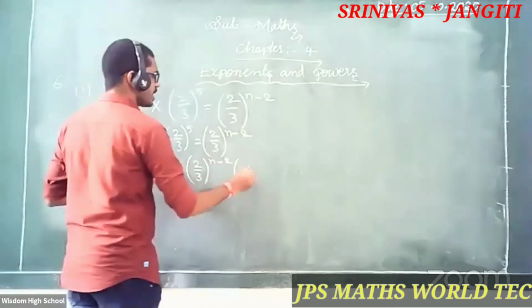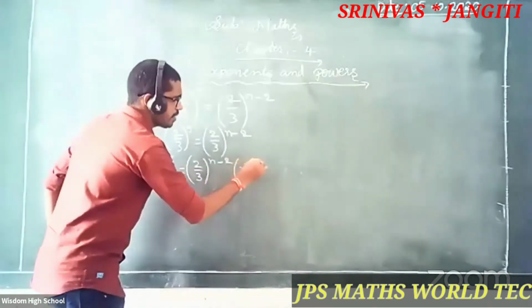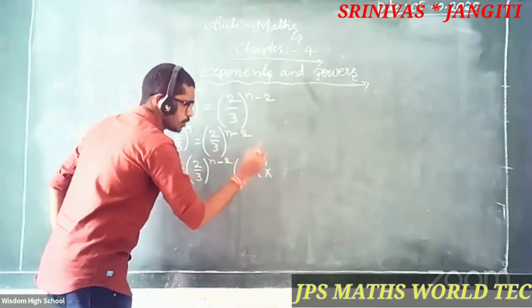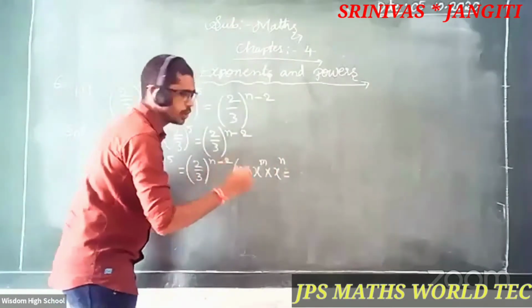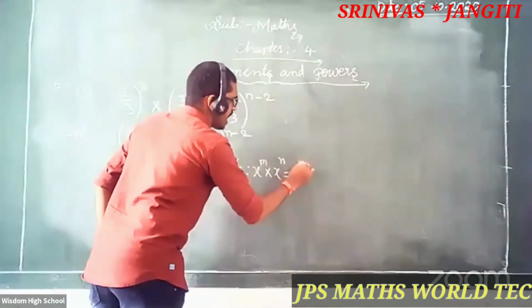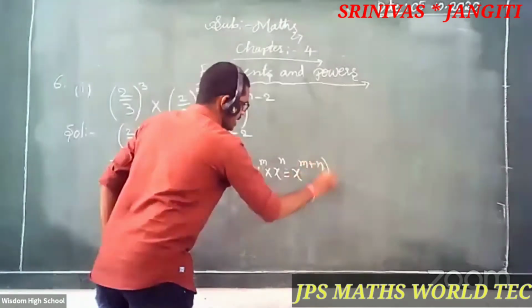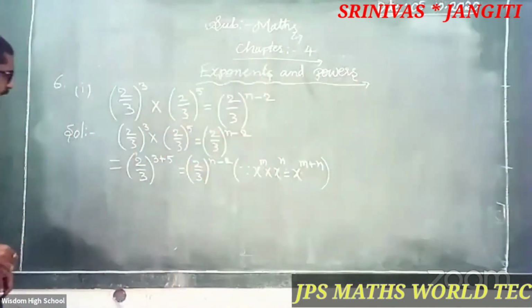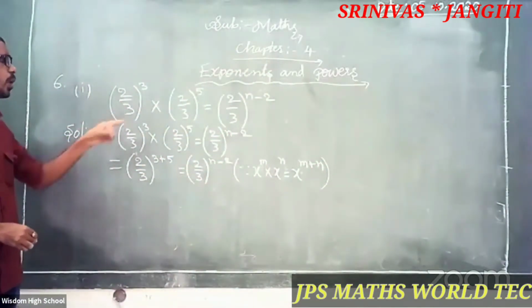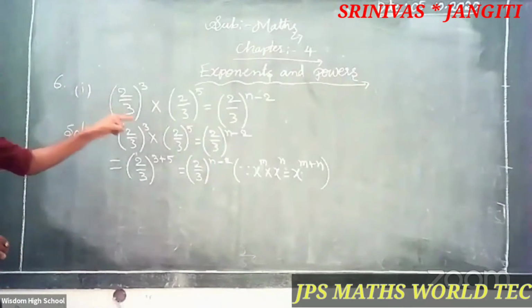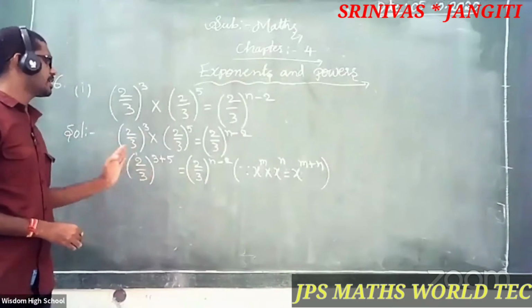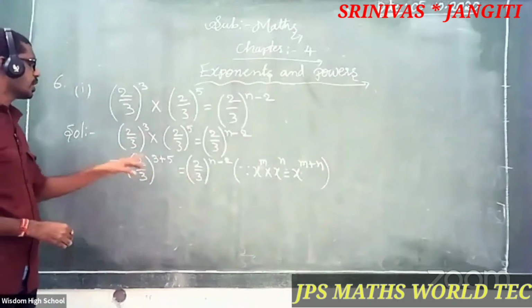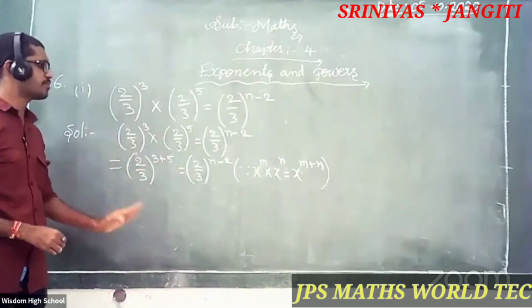The reason is x to the power of m into x to the power of n is equal to x to the power of m plus n. That's why (2/3)^3 into (2/3)^5 is equal to (2/3)^(3 plus 5).